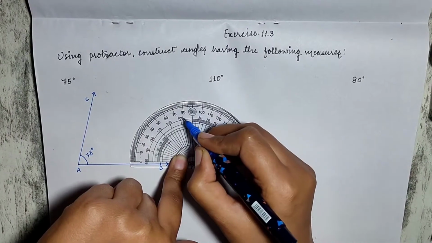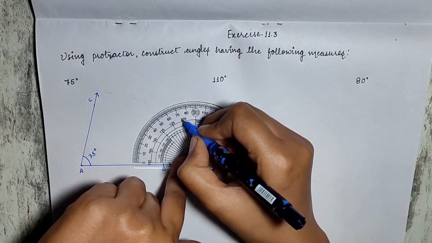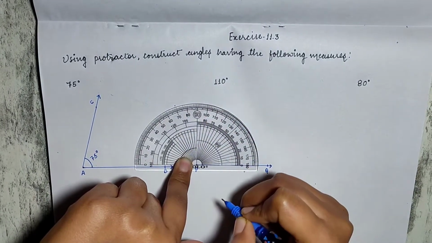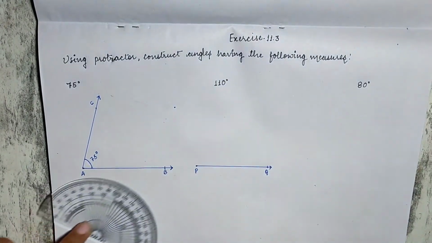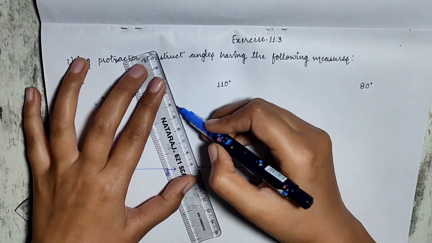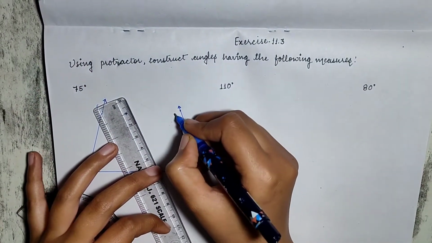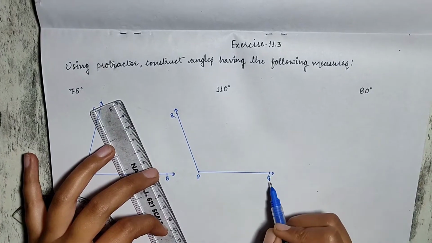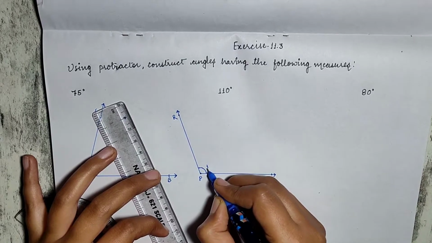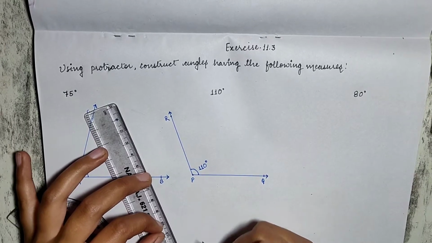From these readings you can see after 105 the next line will be 110 degrees, just below 70. So make a point here. Join this point and point P. Name this point as R. So here angle QPR measures 110 degrees.